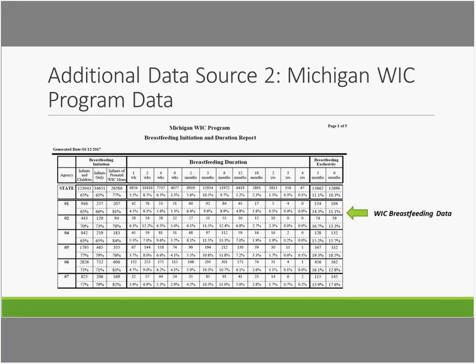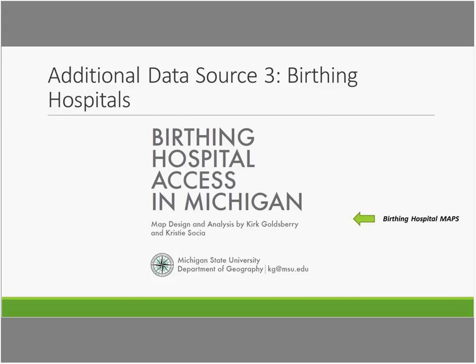We'll also be sending WIC program data, and the WIC website also has a lot of data. I'm sure you have, of course, access to the data from your own WIC clinics as well that you can look at. But WIC collects really great detailed information about breastfeeding initiation, duration, and exclusivity that could be very informative. So we'll send out this table along with the keys so you can see what agency number each of those agencies refers to.